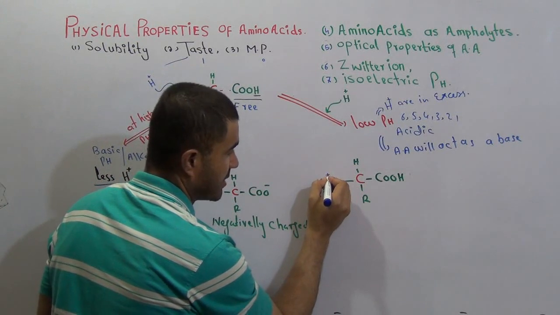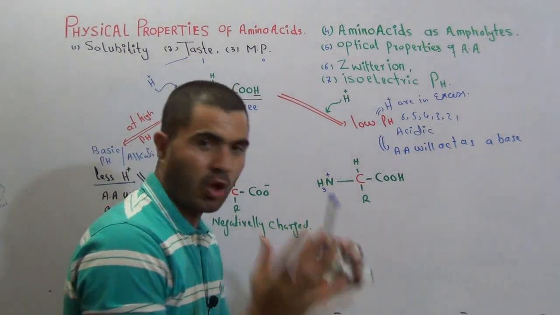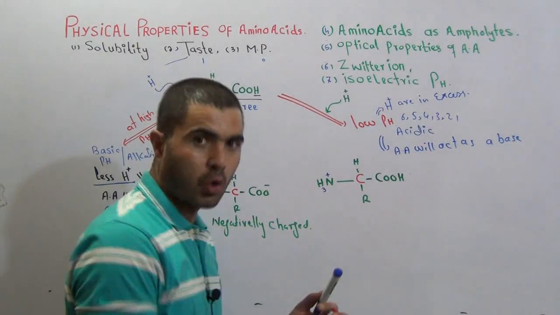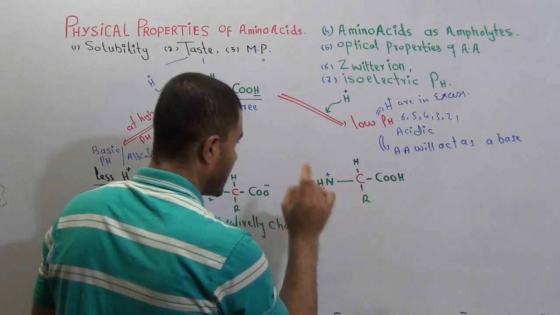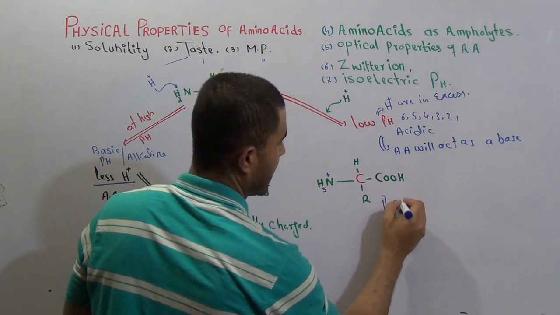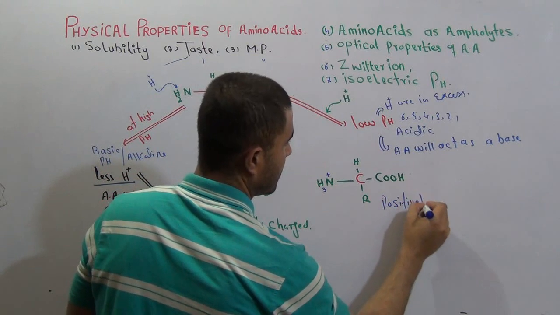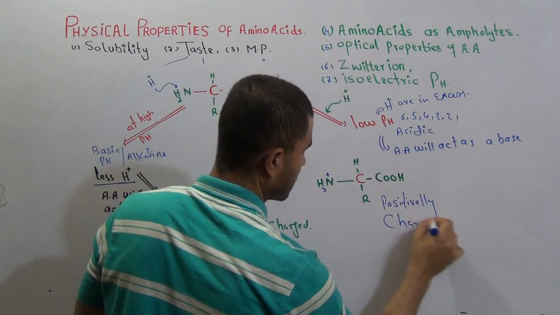NH3 will get a positive charge because nitrogen can make 3 bonds in normal solution. When nitrogen makes 4 bonds, it will acquire a positive charge. Now, in this condition, we got the amino acid as a positively charged ion.